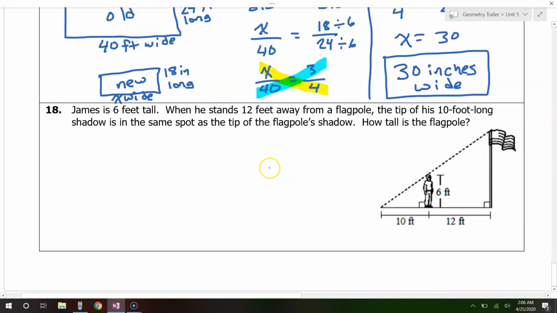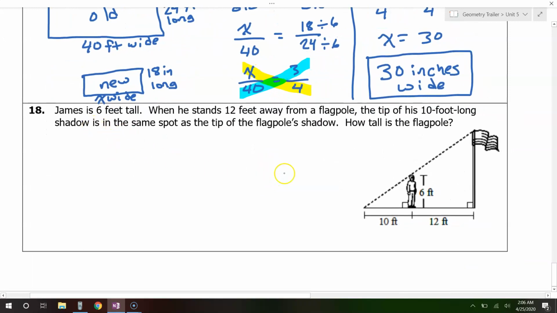All right, last problem. James is 6 feet tall. When he stands 12 feet away from a flagpole, as you can see, the tip of his 10-foot long shadow is in the same spot as the tip of the flagpole's shadow. So, how tall is the flagpole?